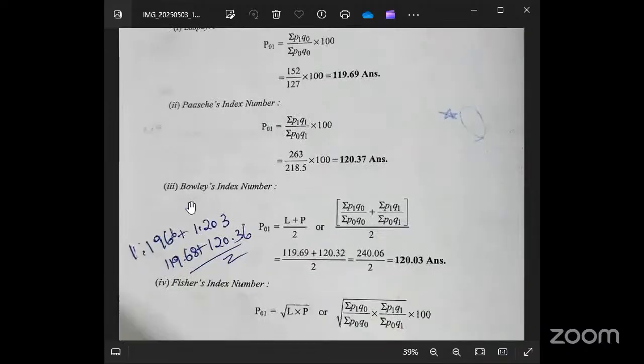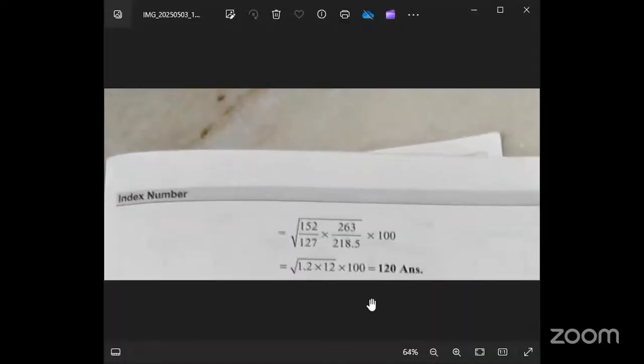Coming to the Bowley index number, 120.03, and the Fisher ideal method, we got 120. So all the answers are very close to each other. And next problem we'll see.